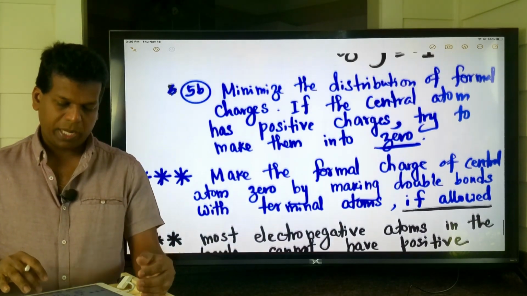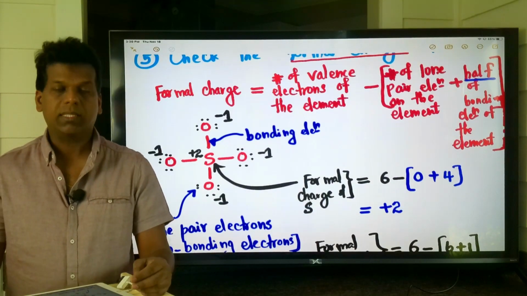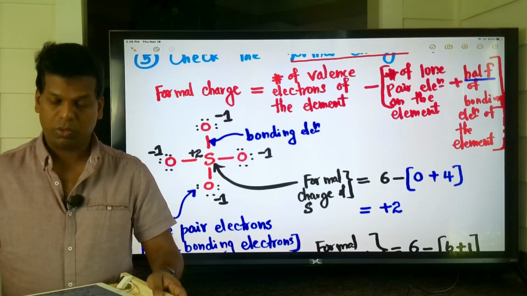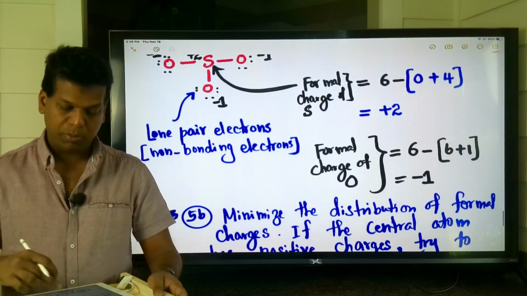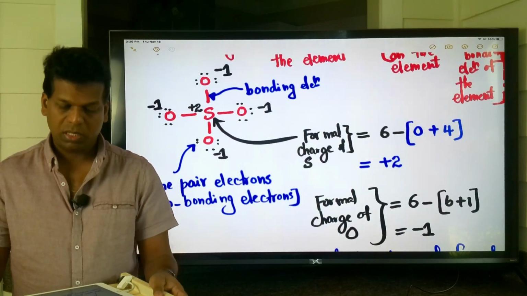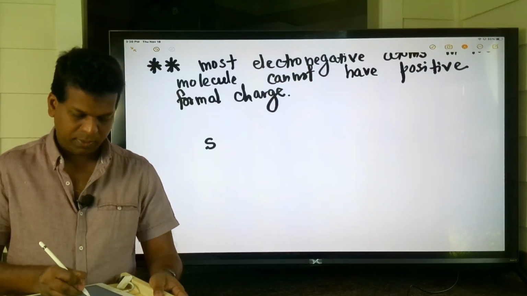Okay, let's go back to that sulfate ion. We decided that at this point the formal charge of sulfur is +2, so we have to get rid of that. How do we do that? By making double bonds with the terminal atoms. With oxygen we can do that. So this is what I have so far.